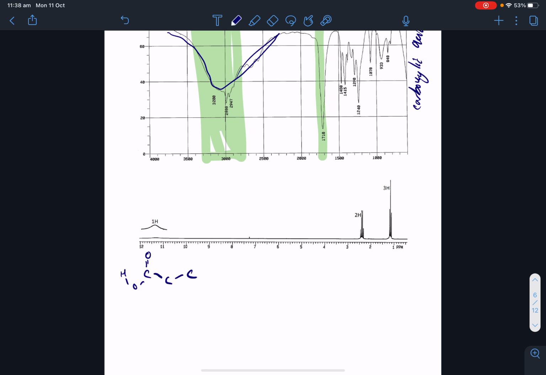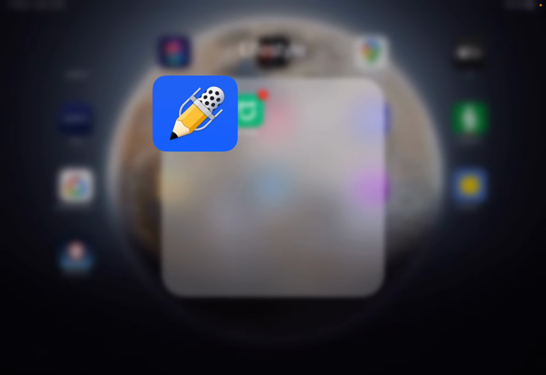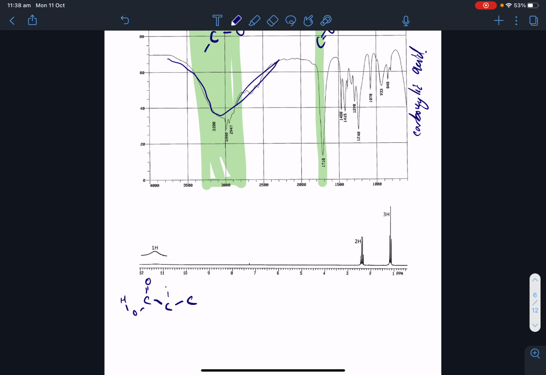We need to put the extra carbon there. There's no other way you can go. That's taking care of the 3 carbons. There must be hydrogens there. There's no other isomers that it could be apart from this one, propanoic acid. It must be propanoic acid, but let's just check the proton NMR just to make sure.